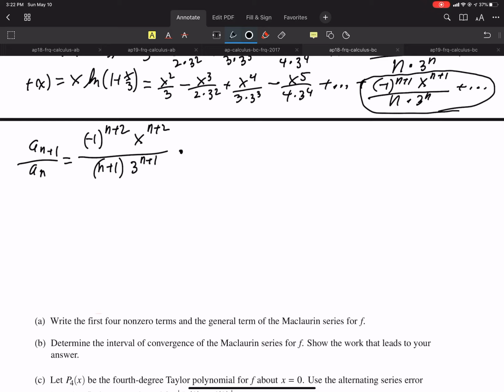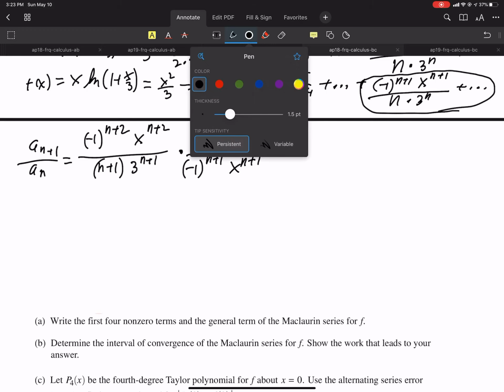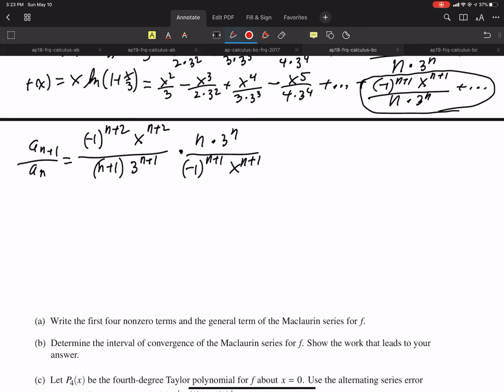Then I divide it by that I just circled. But you multiply by the reciprocal, so you get n times 3 to the n over negative 1 to the n plus 1, x to the n plus 1, and now we start canceling. So we're going to look at the x's. If you look, the top one has an extra x because it's 1 bigger. So when you cancel those, you're left with an x.